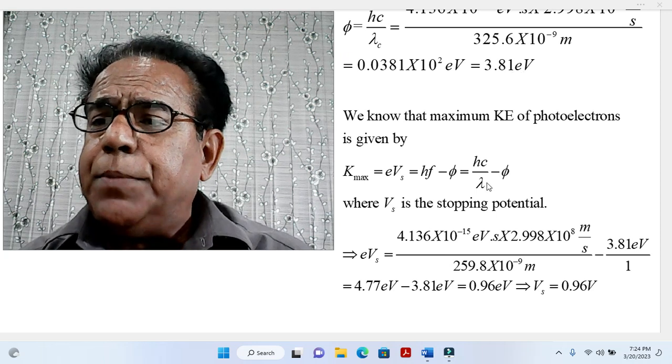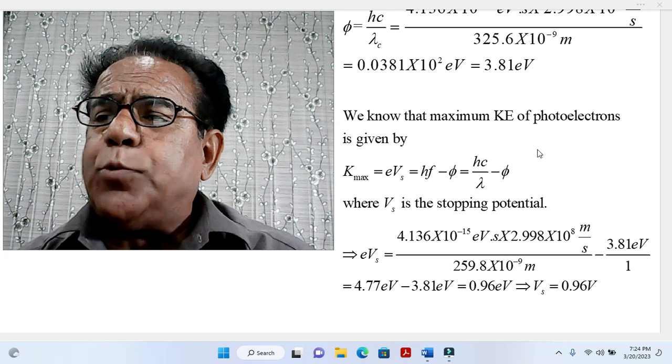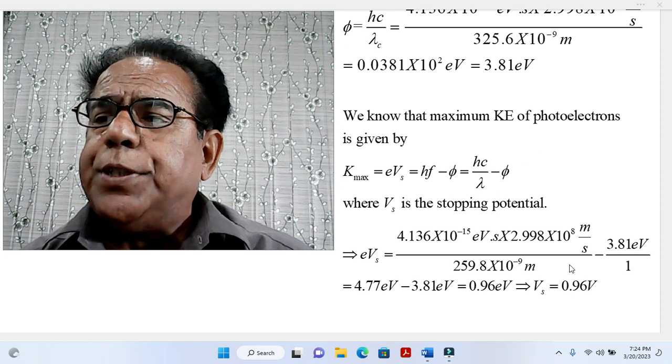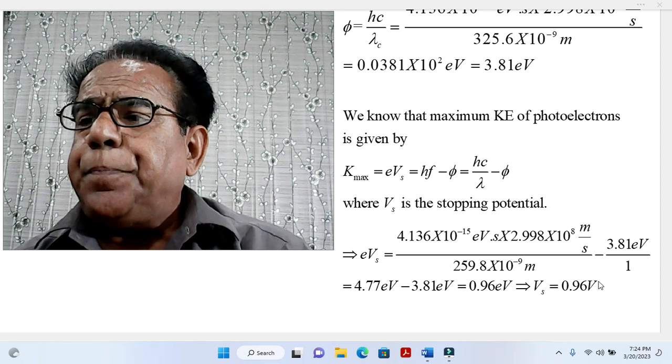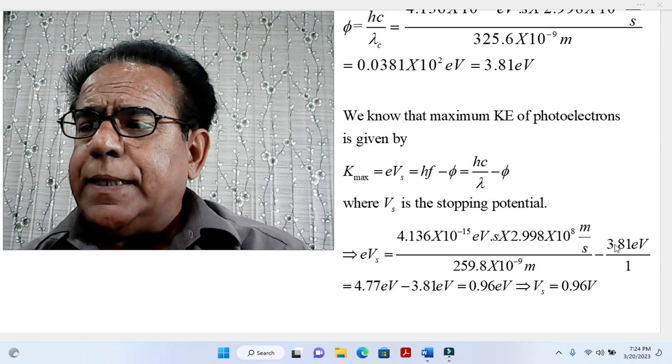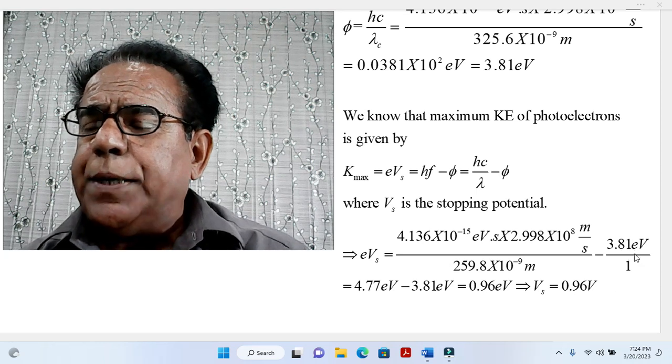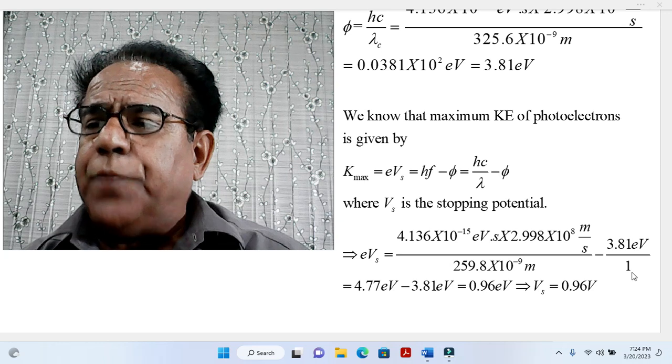So in place of work function phi we will use its value, minus 3.81 electron volt over 1.